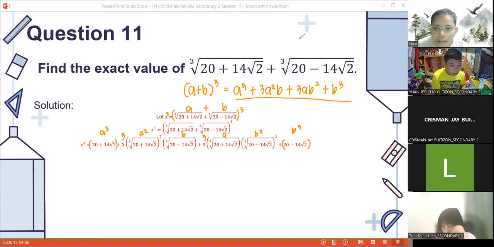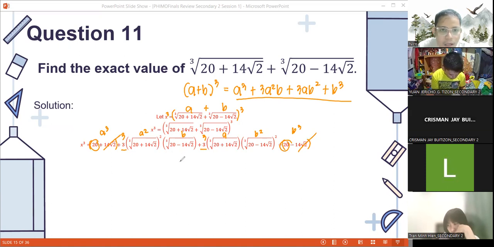Okay, the next thing that you do, what do you notice here? We can cancel this and cancel this. 20 plus 20 will be 40, right? And then you can factor out the value in here. You can try to factor them out because this is 3, then this is 3.